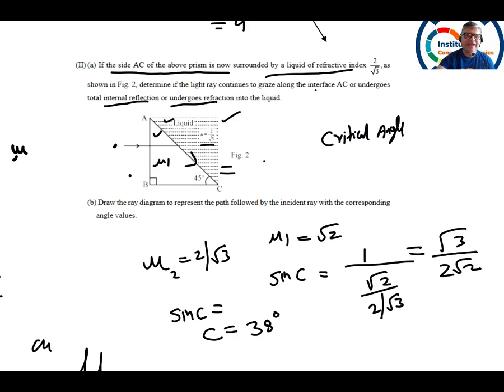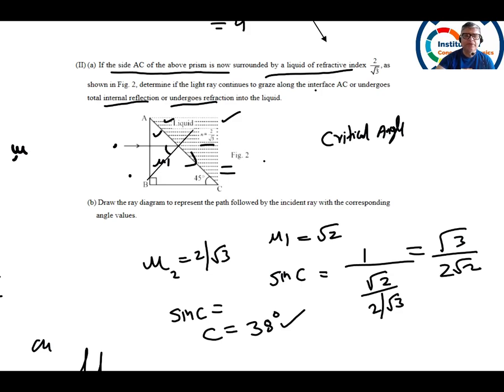And what is the angle at which we are striking the ray? We are still striking the ray at 45 degrees. My incident angle has not undergone any change. You can see that for yourself, right? The incident angle has not undergone any change. I am striking at 45 degrees, right?